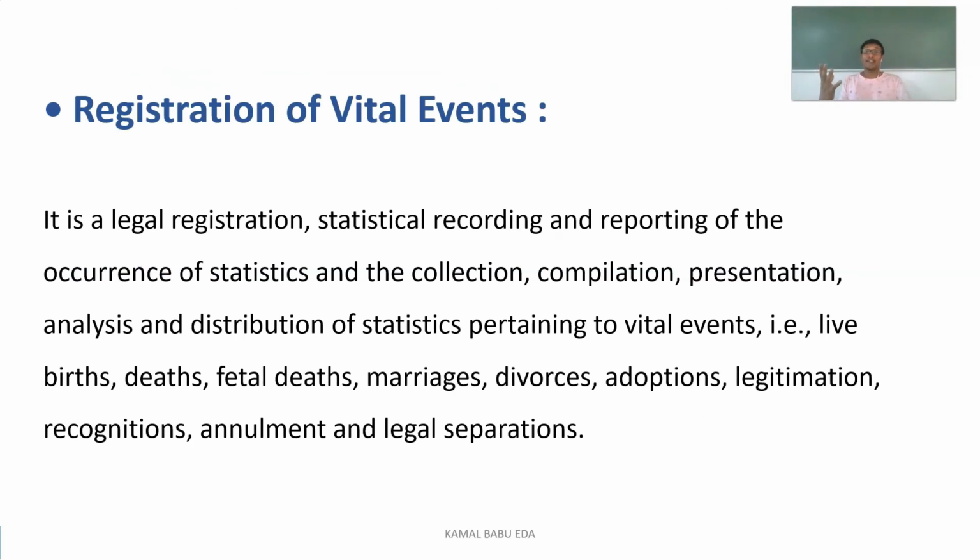Next, registration of vital events. As we have seen yesterday, registration of vital events means recording how many births are occurring, how many deaths, how many fetal deaths, how many marriages, divorces and adoptions are occurring in the community, and also legitimation, recognition, annulment and legal separation.